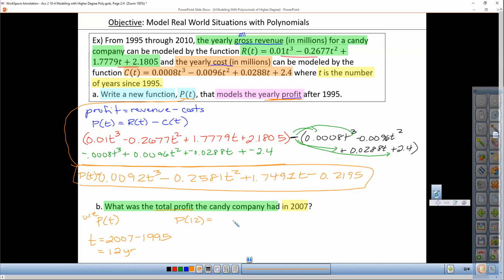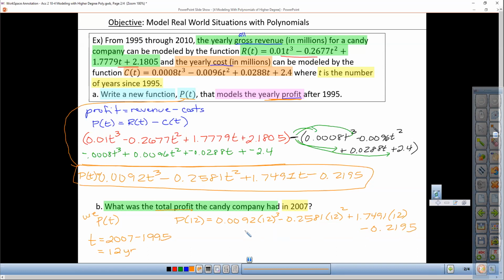So P of 12, we've got this 0.0092 times 12 to the third power minus 0.2581 times 12 squared plus 1.7491 times 12 minus 0.2195.